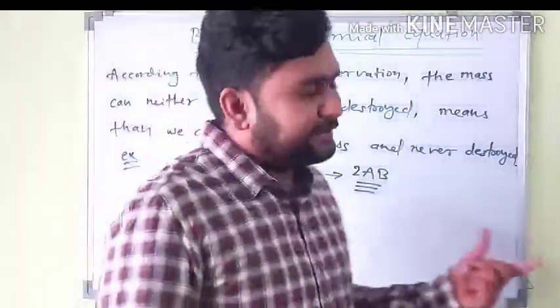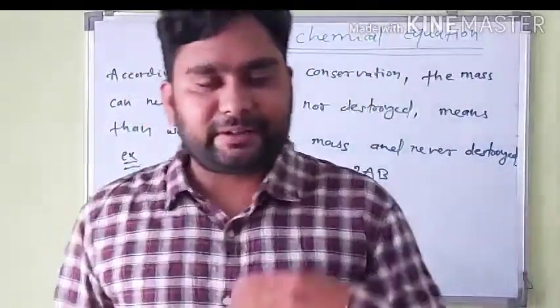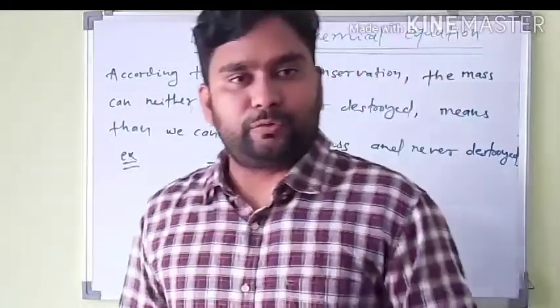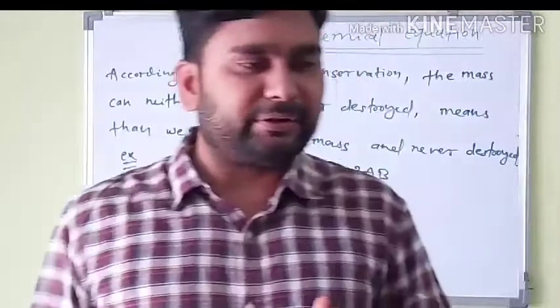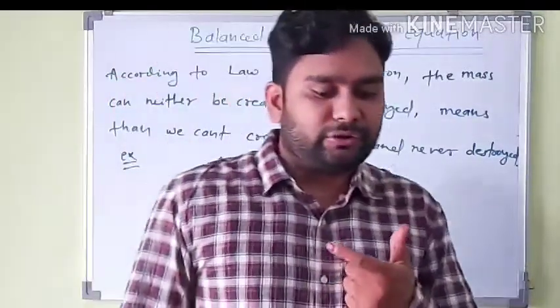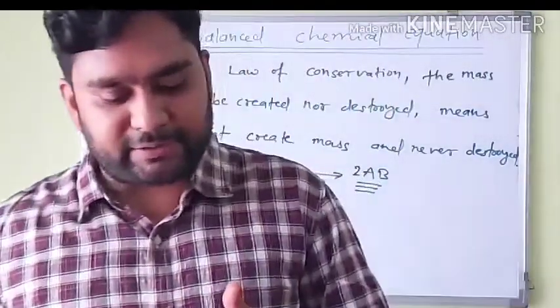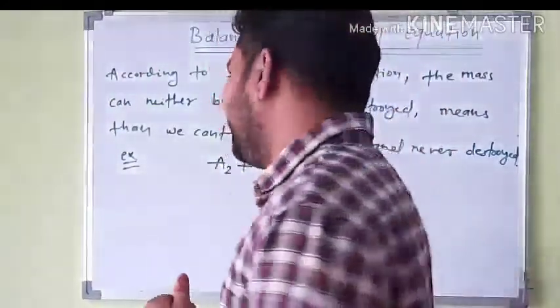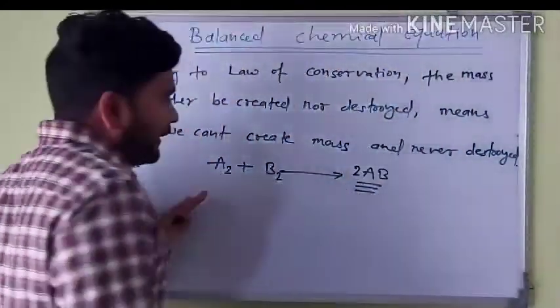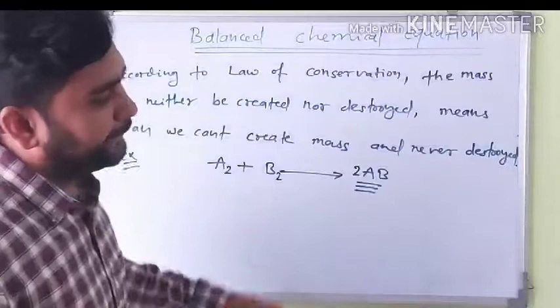The balanced chemical equation is the correct chemical equation. An unbalanced chemical equation is not good. It is not said to be correct. So we need to balance every chemical equation every time.